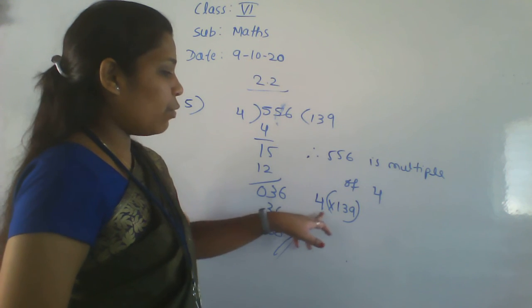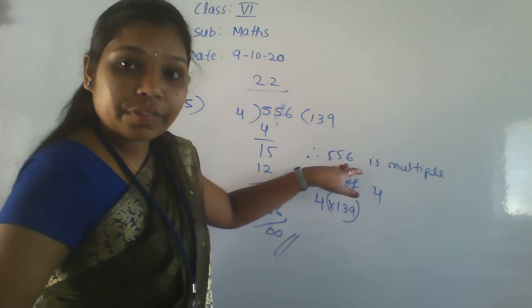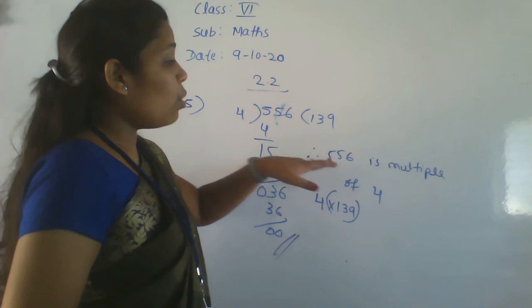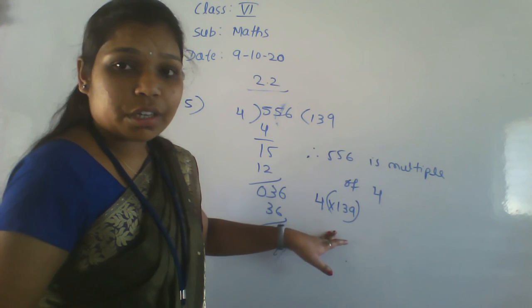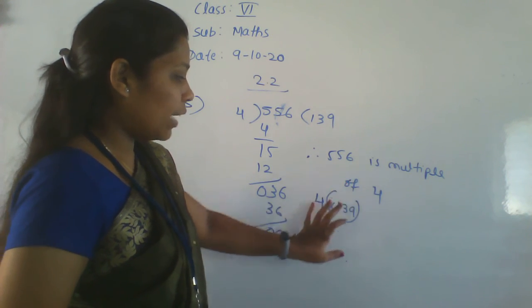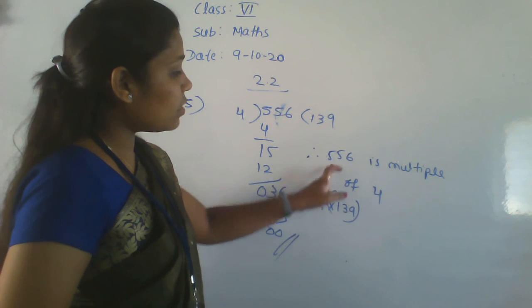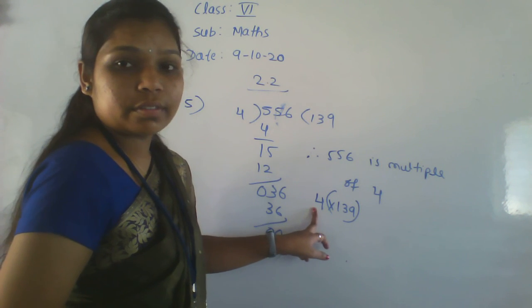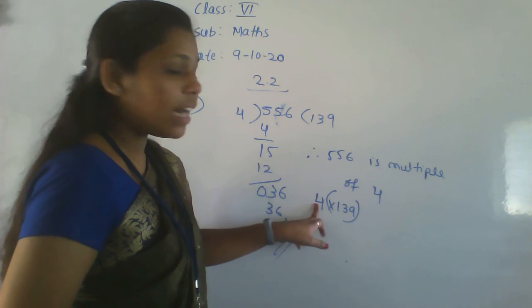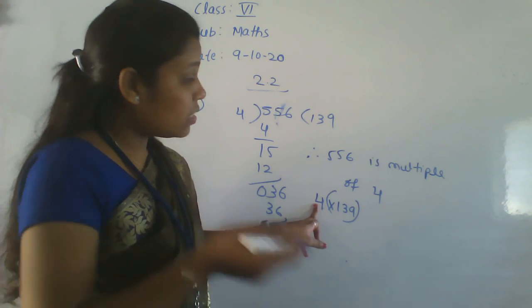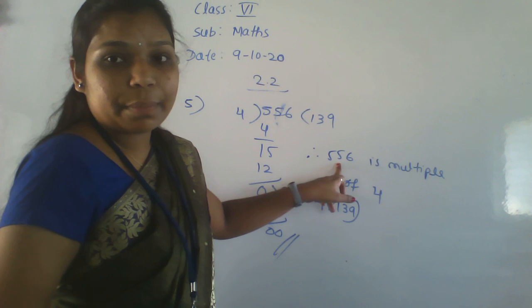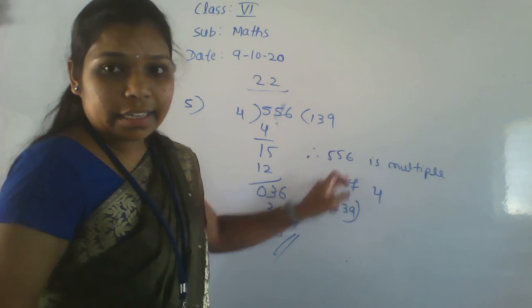Do the multiplication. 4 into 139, you will get the answer 556 only. So that is the meaning of multiplication. If you are multiplying with 4 only, so it is a multiple. This number is a multiple of 4. Here in the multiplication we have the number 4. That's why it is a multiple of 4. That is the meaning. Getting it? Okay.